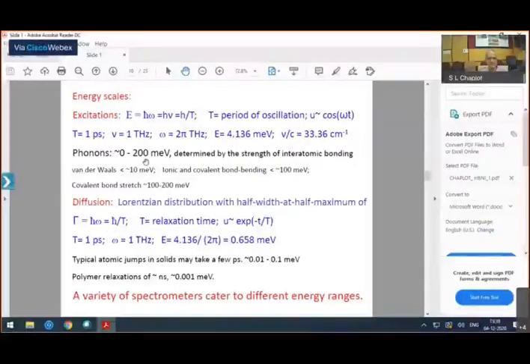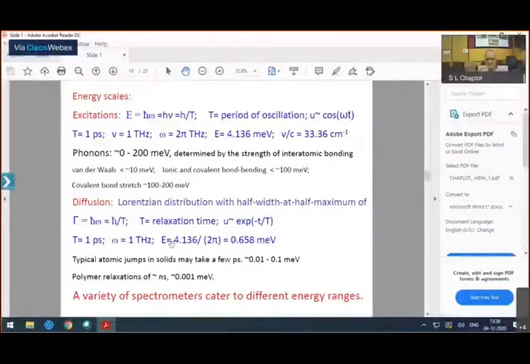So you can see there is a difference here. Here h cross omega was h by t, whereas here h cross omega is h cross by t. Therefore, a relaxation time of 1 picosecond actually translates to a half width at half maximum of about 1 terahertz or 0.6 millielectron volts.